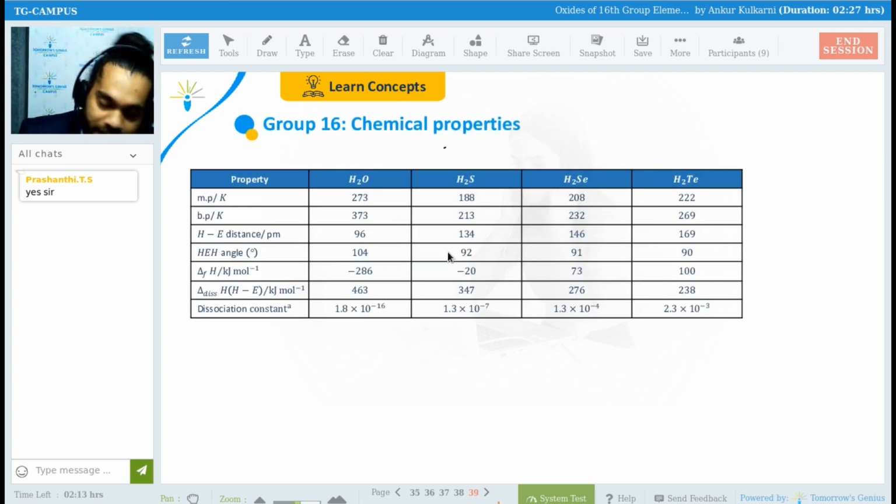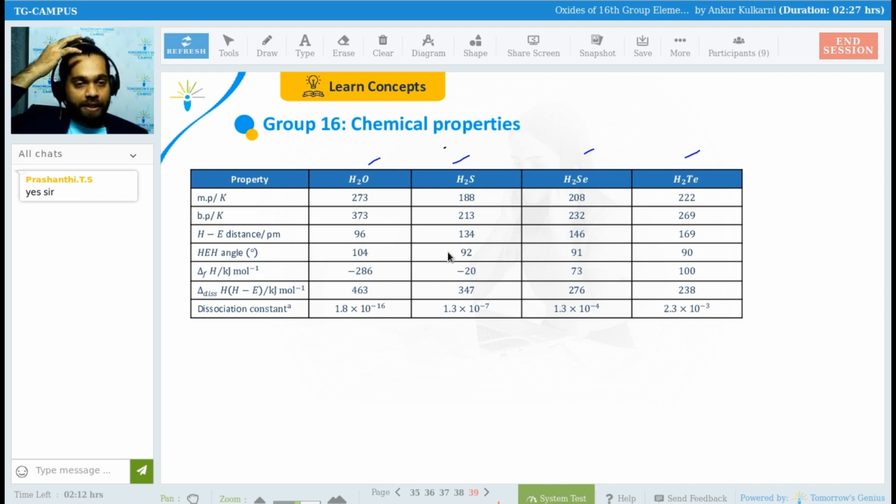Does acidic strength increase or decrease?